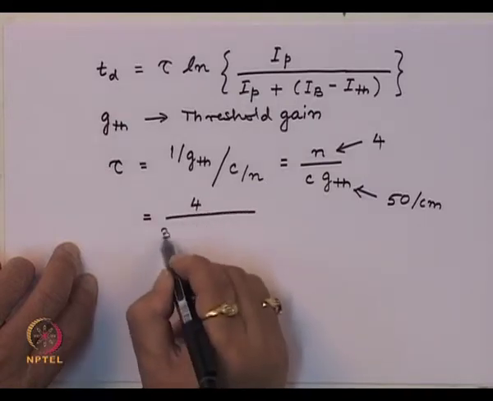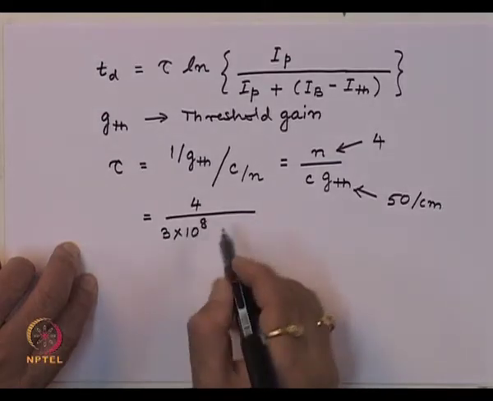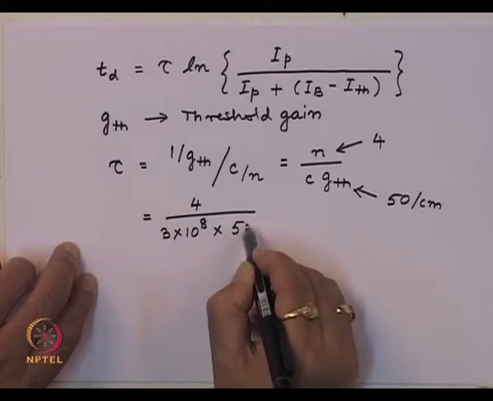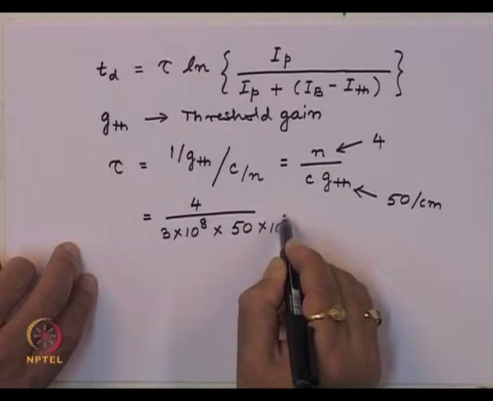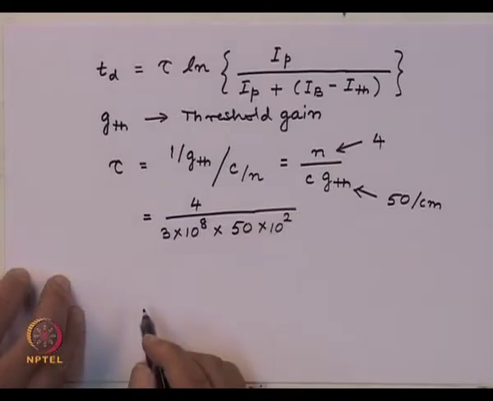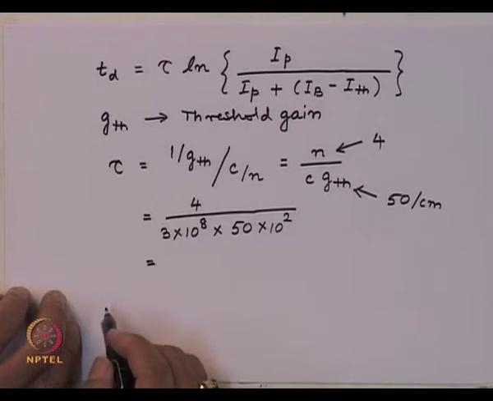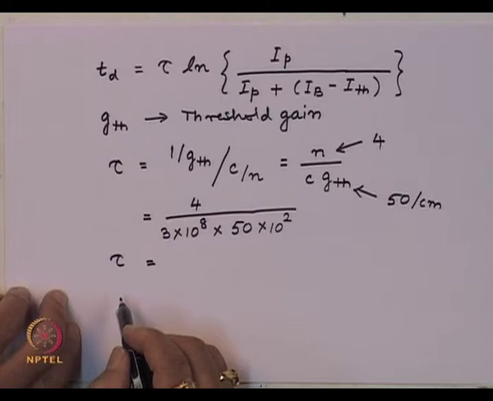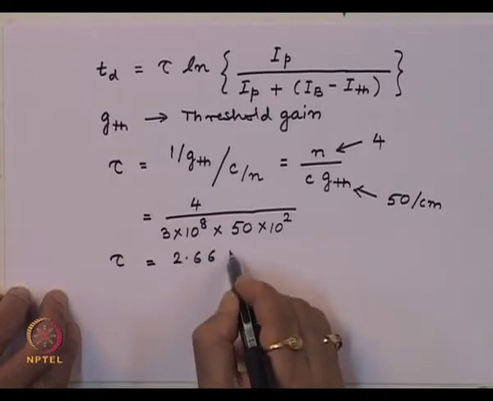So, we get 4 divided by 3 into 10 to the power 8 meters per second multiplied by 50, this is given in per centimeter, so 10 to the power 2. If you just solve this, we get the tau, which is 2.66 picosecond.